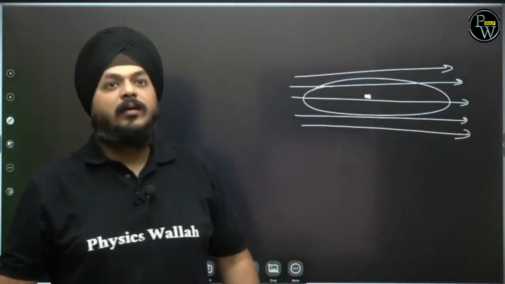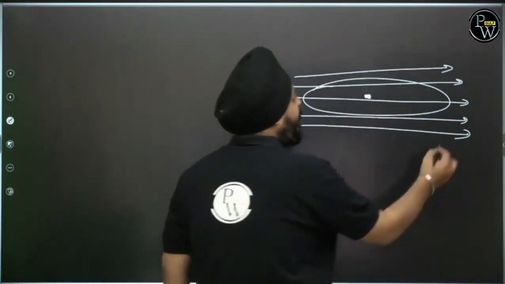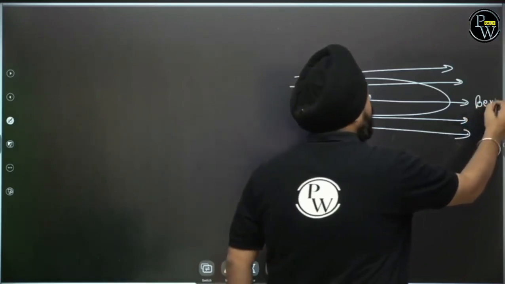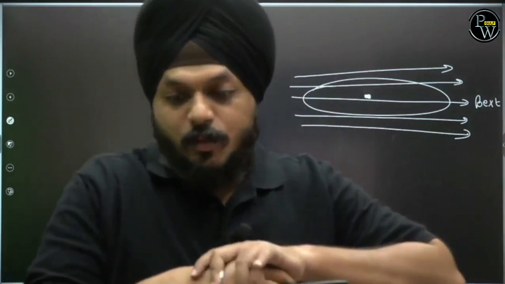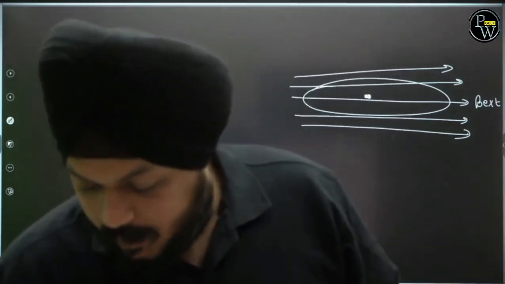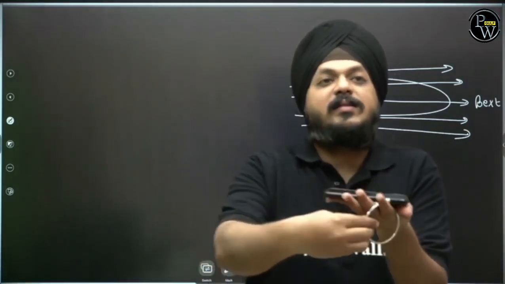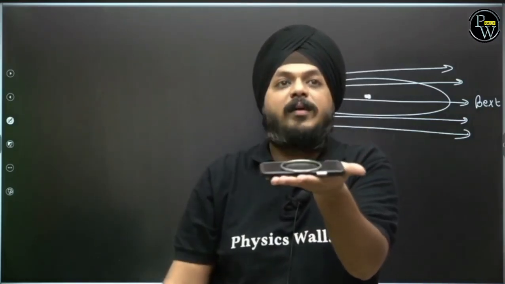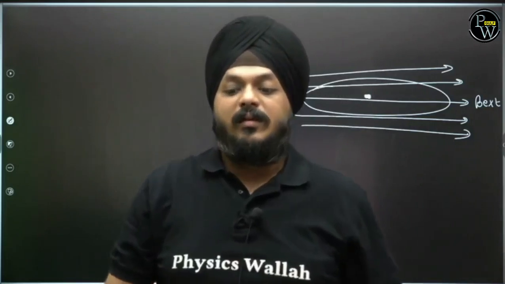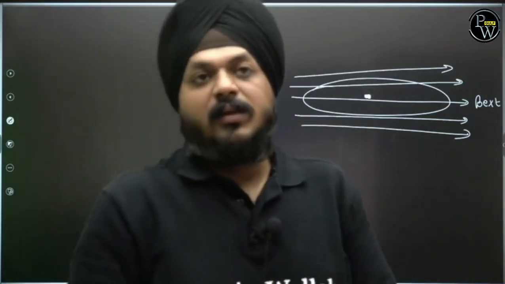The external magnetic field is constant. This is an external magnetic field, and like this, parallel to the plane, the loop is kept. Yes or no, guys? Now what happens here?